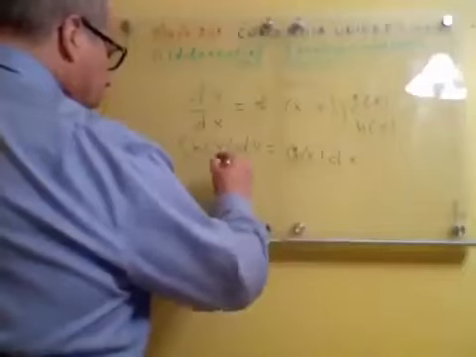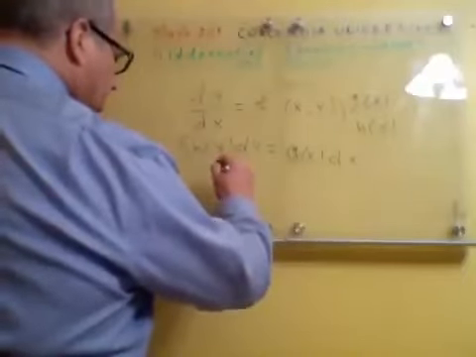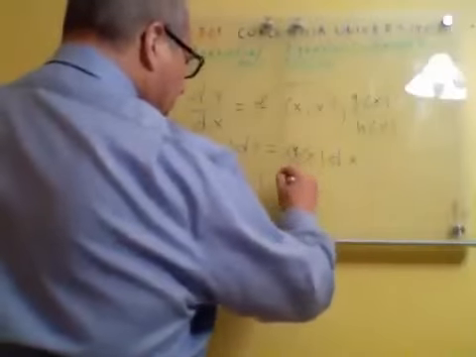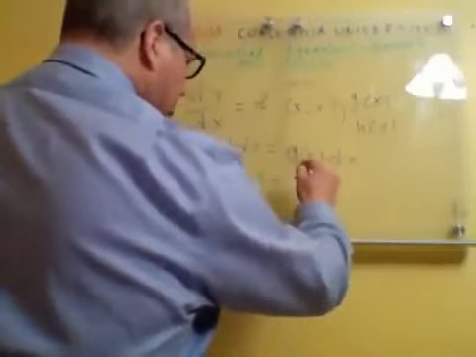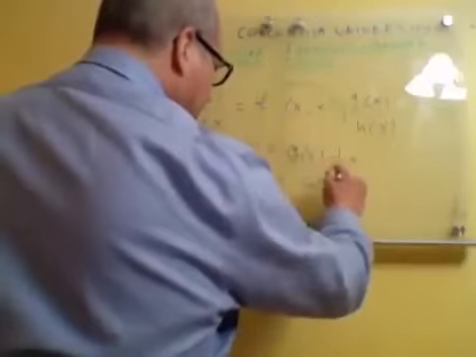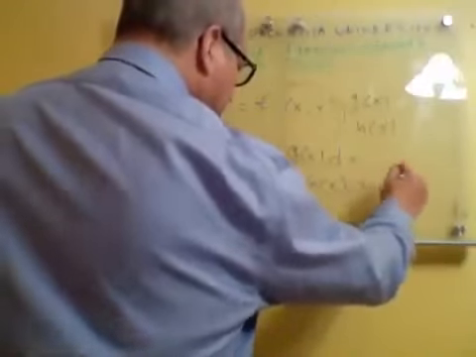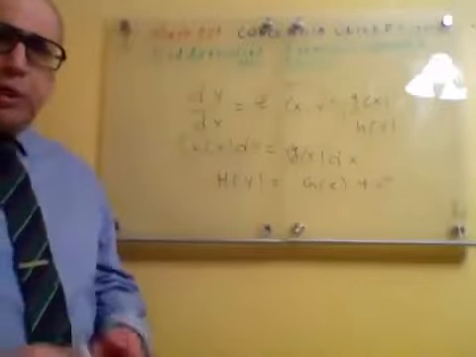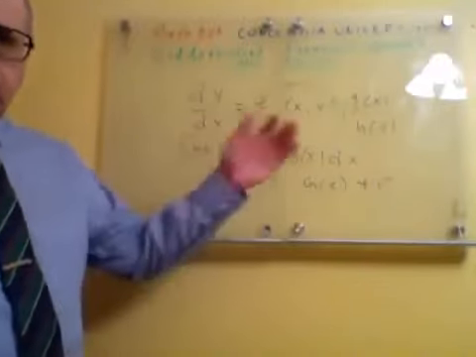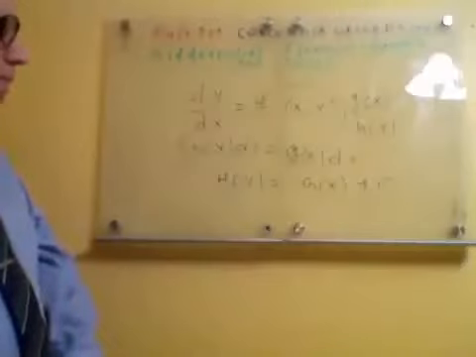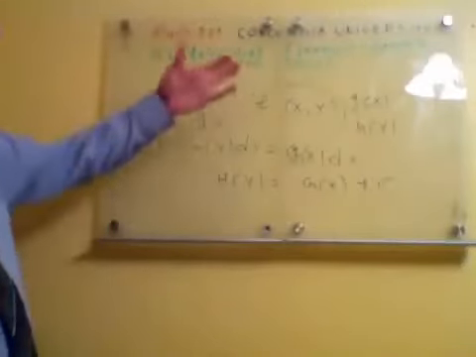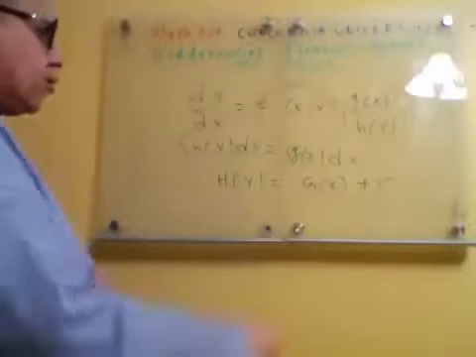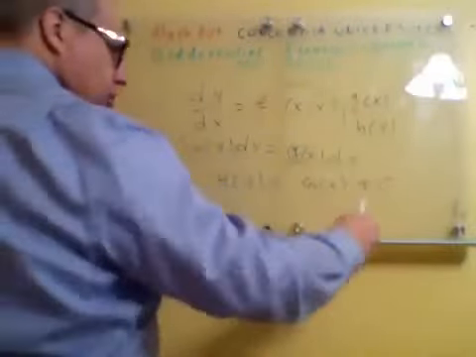So here you will get a function capital H of y, and here you will get a function capital G of x, and of course you add the C here, and that's the solution to this differential equation. This is called the general solution.